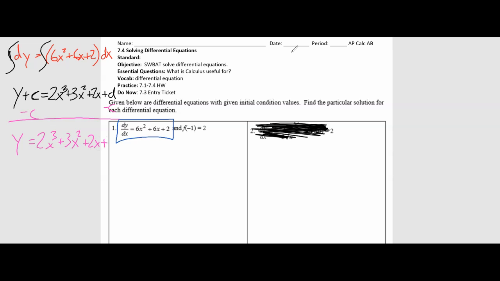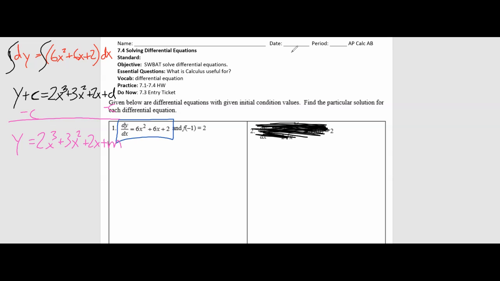It may not be c or d, so we'll just call it m for another name for a constant. So even though you have a constant of integration on both sides, if you move one of the constants to the other side, you can just represent both of those with one constant.